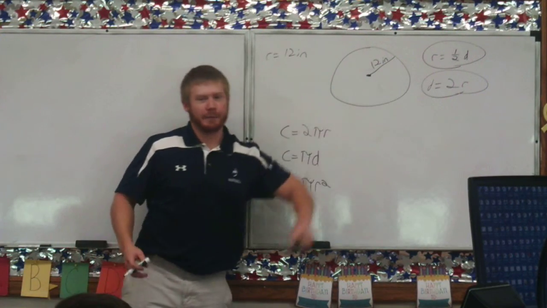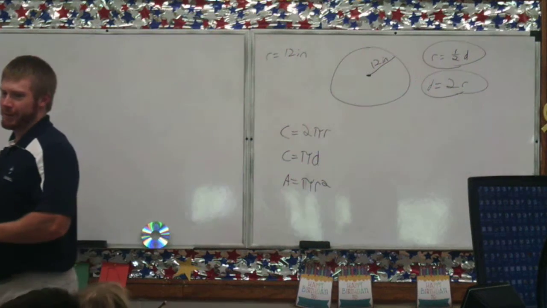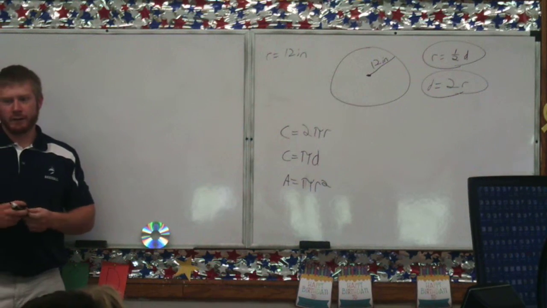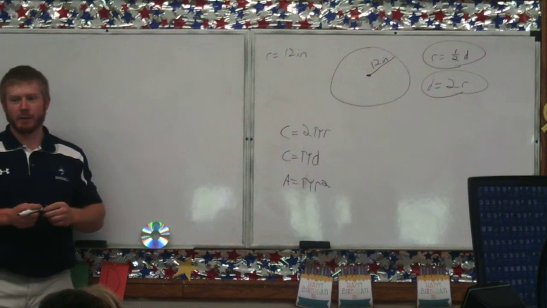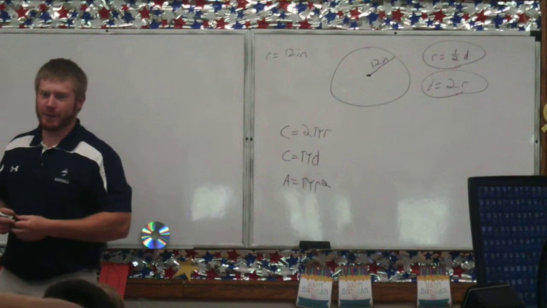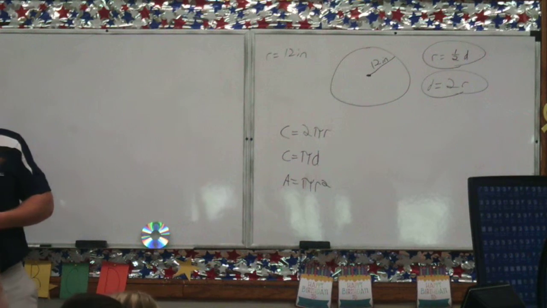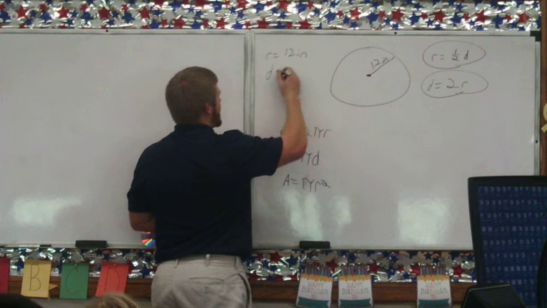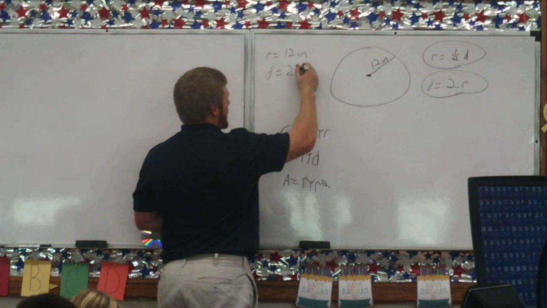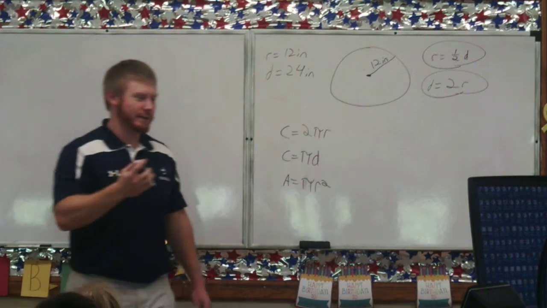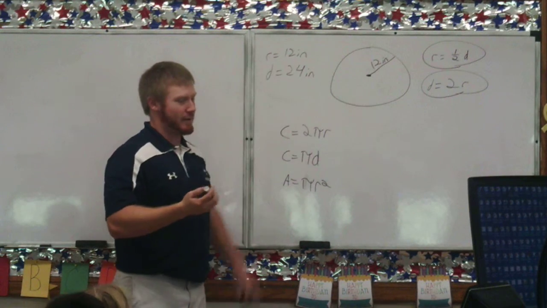Diameter equals 2r. So what is our r? 12. So what is 2 times 12? 24. So our diameter would be 24 inches, because our diameter is twice the radius, and our radius is half of the diameter.